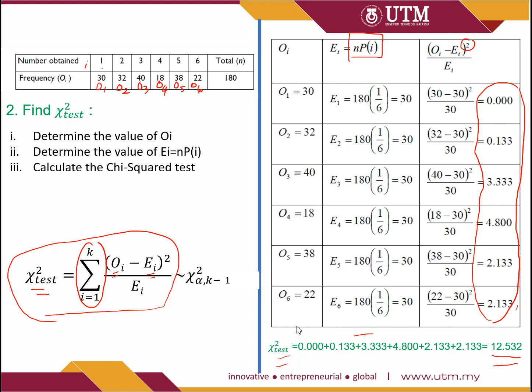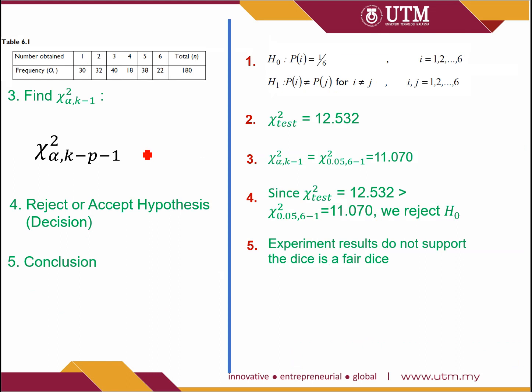Okay, so after you find your chi-square test, then you are going to find the value of your critical value. So the critical value, remember, is chi-squared alpha, k minus p minus 1. However, since we don't want to find the parameters here, this value would be 0. So that means your chi-squared would be chi-squared alpha, k minus 1.